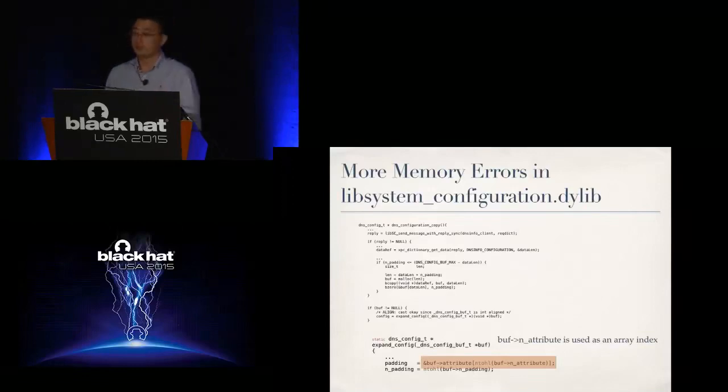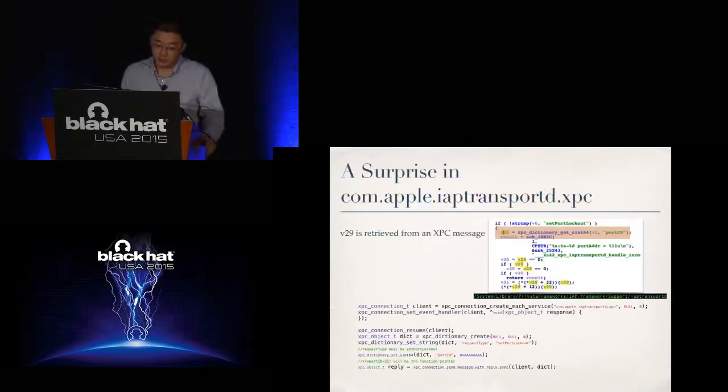Finally, I want to share a remote code execution bug in a program called the IAPTransportD program. It's a very surprising bug to us. Let's go through the code quickly again. Basically, the server side tries to retrieve the object using the key port ID.